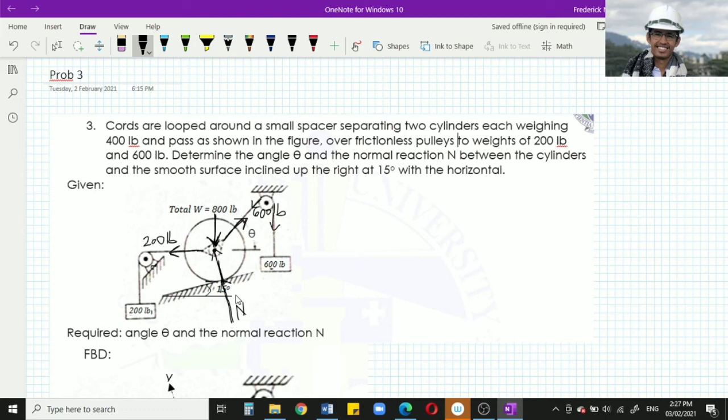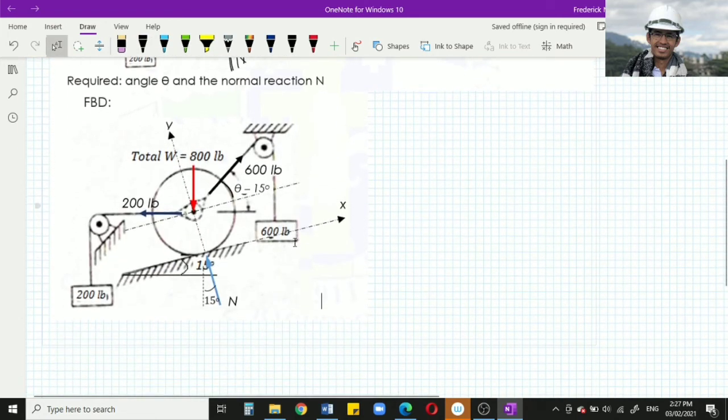So para mas clear, makuha natin yung FBD natin. So ganito yung magiging itsura niya. We have a weight na 800 pounds and 200 pounds going to the left and 600 pounds sa ating kabilang cord, and we have the normal force acting upward.